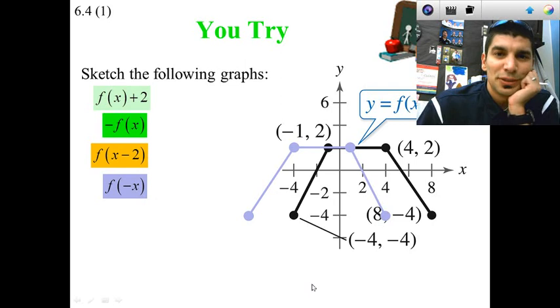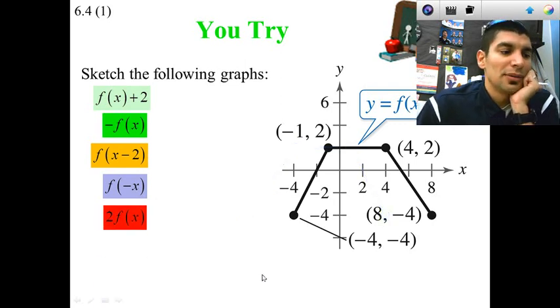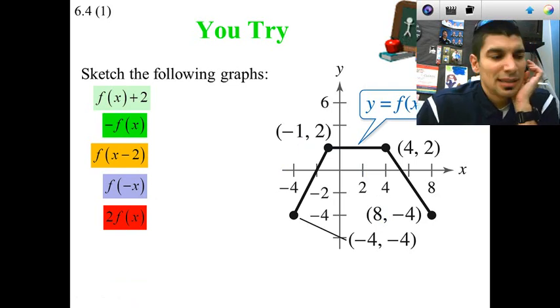Get rid of that one. Well, lastly, I think this is the last one. What about 2 times f of x? 2 times f of x. With a partner, talk about it.